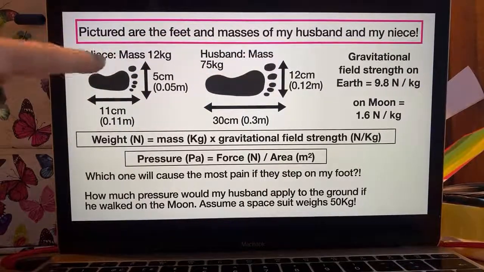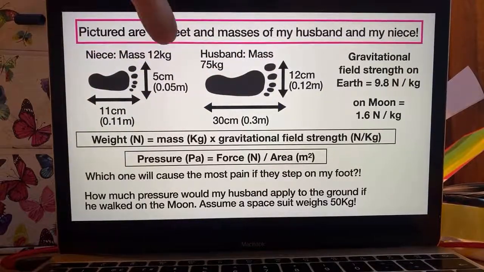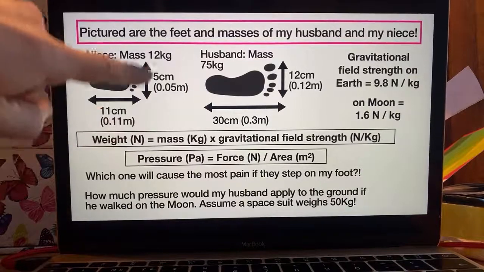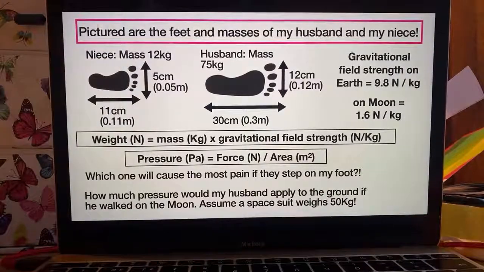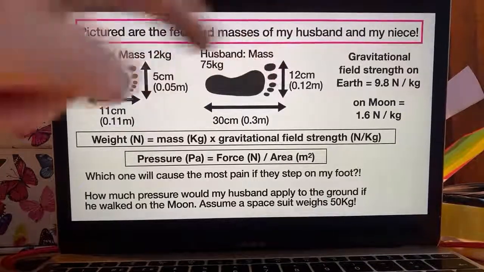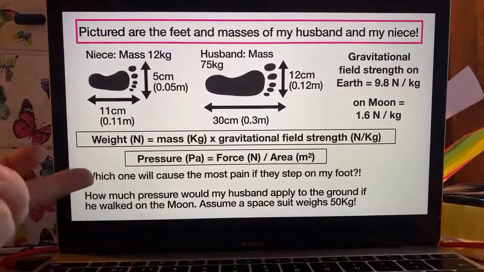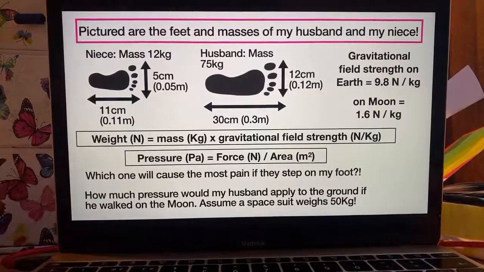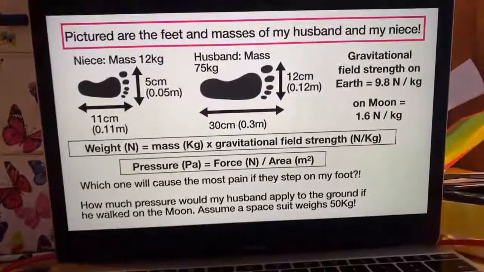My niece has a mass of 12 kilograms and my husband's got a mass of 75 kilograms. My niece's foot is 0.11 meters by 0.05 meters, and my husband's foot is 0.3 meters by 0.12 meters. Which one of them will cause the most pain if they step on my foot? Which one of them is putting the most pressure on my foot? So we'll mark that in a sec.